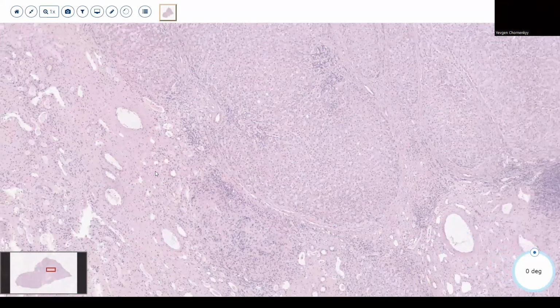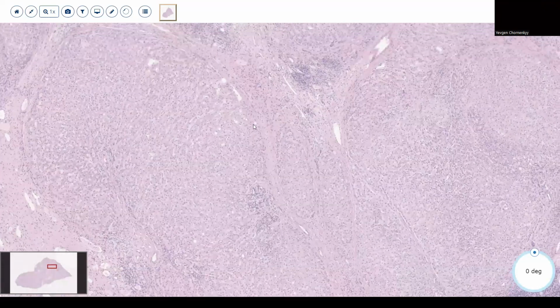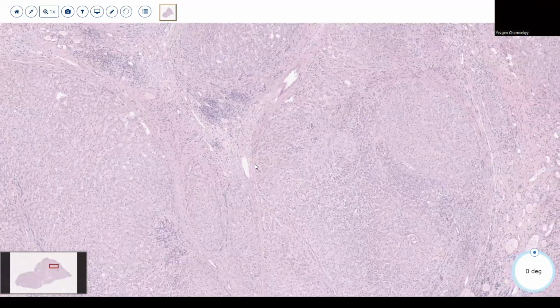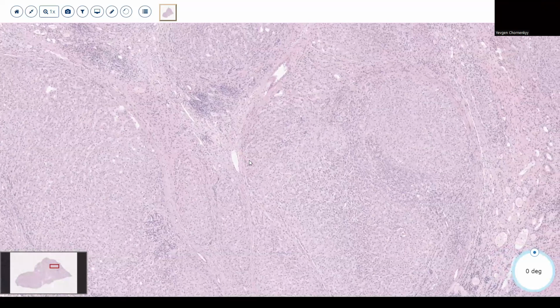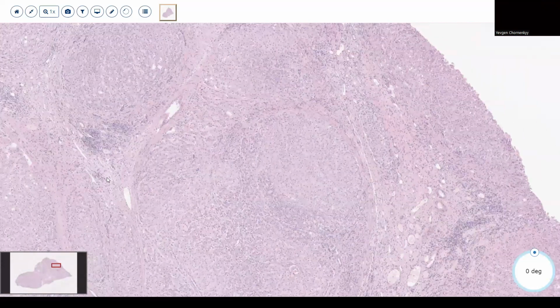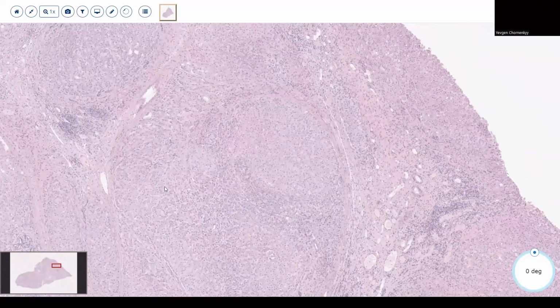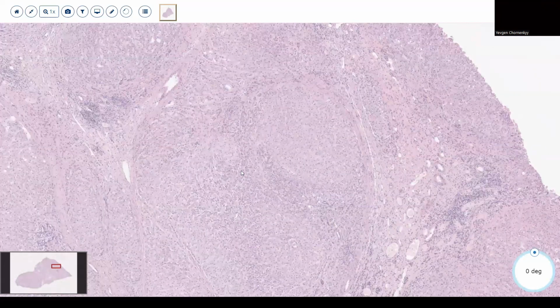So you have a lot of unpaired arteries. What kind of things do you want to have at the top of your differential if you have unpaired arteries? Yeah. Somebody said FNH, maybe adenoma, right?